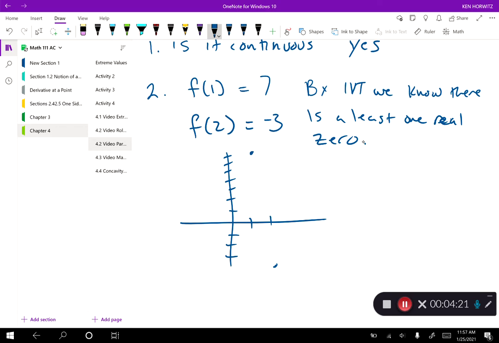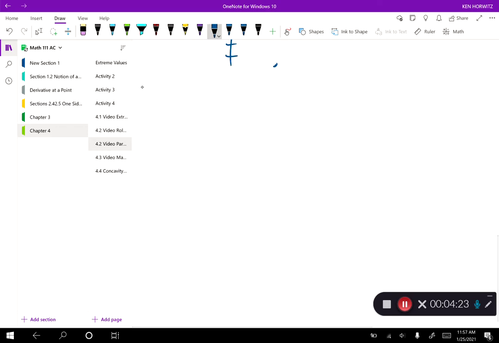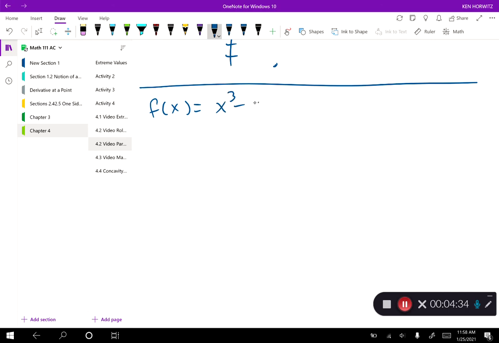So let's try one more quick example. So I'm going to give you my function. My function is f of x equals x cubed minus 9x plus 5.